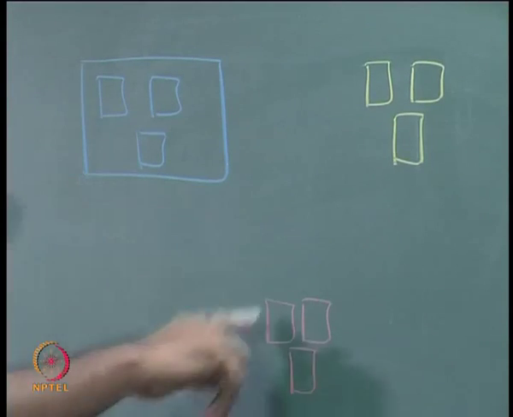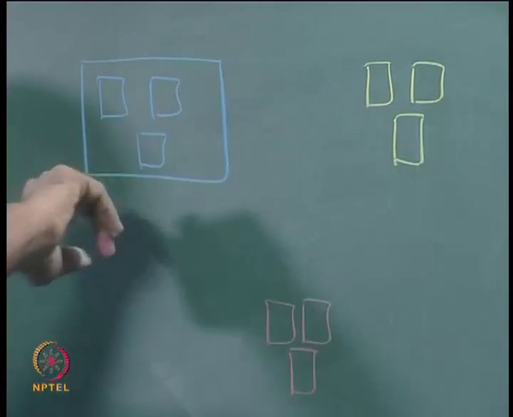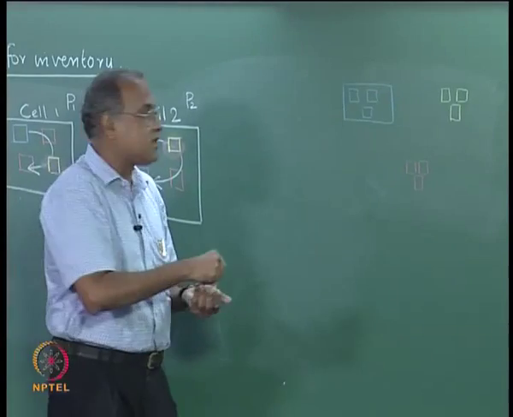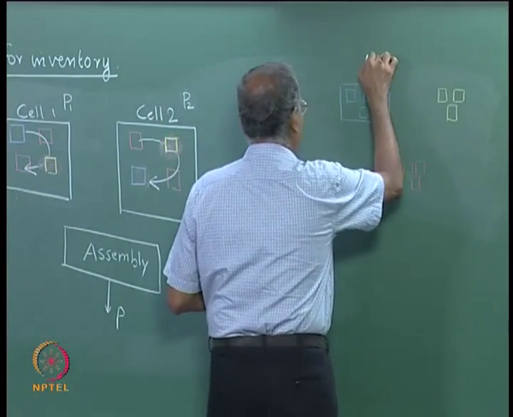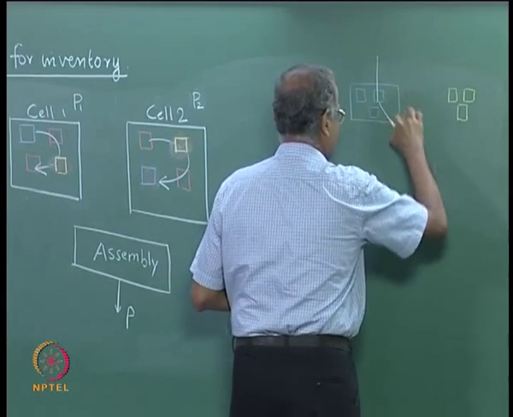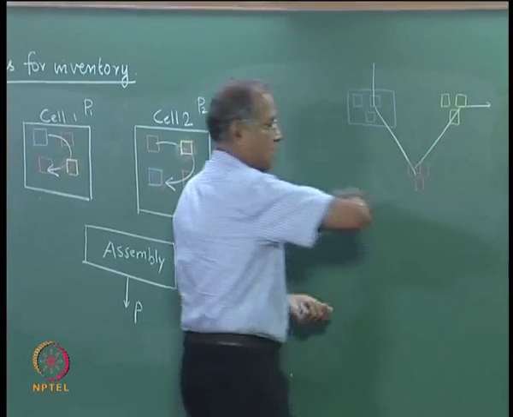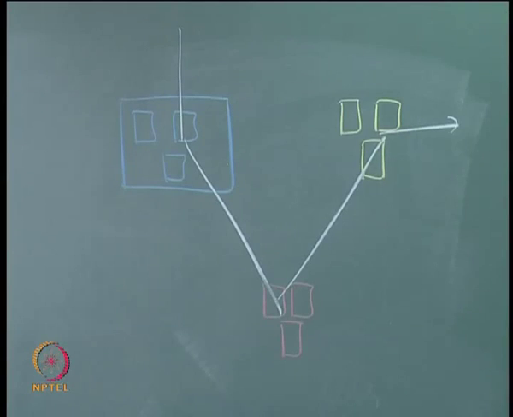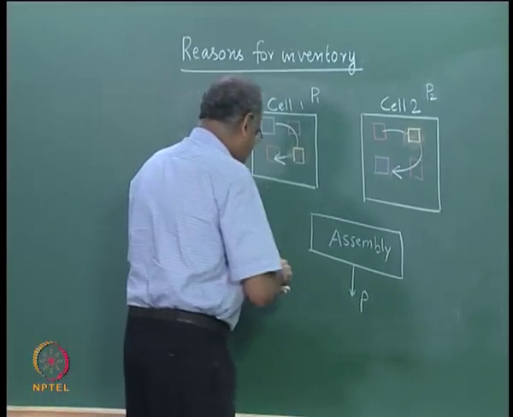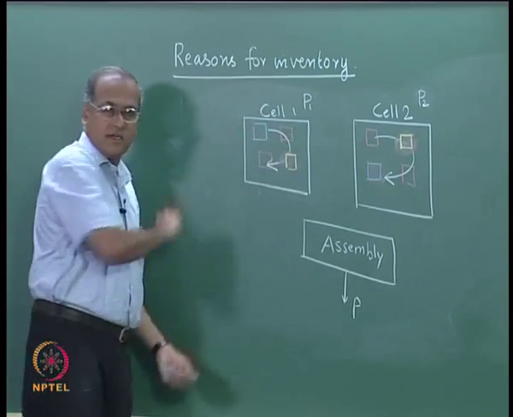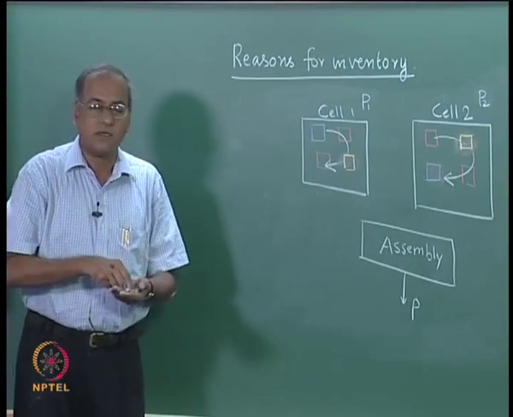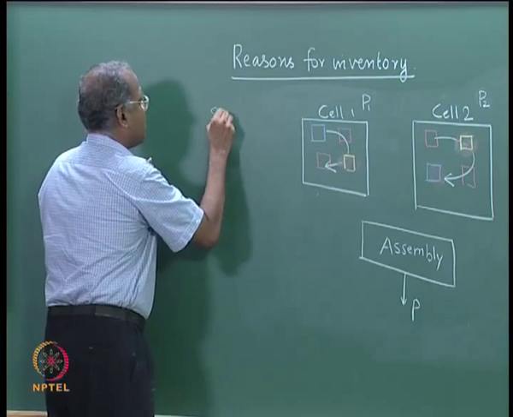And these could even be separated by a kilometer or two. So, each of these would now move from a blue to a red to yellow and out and so on. This kind of a thing we have already seen. So, the cellular layout very quickly brings all these machines together, which enables what we call as a single piece flow.